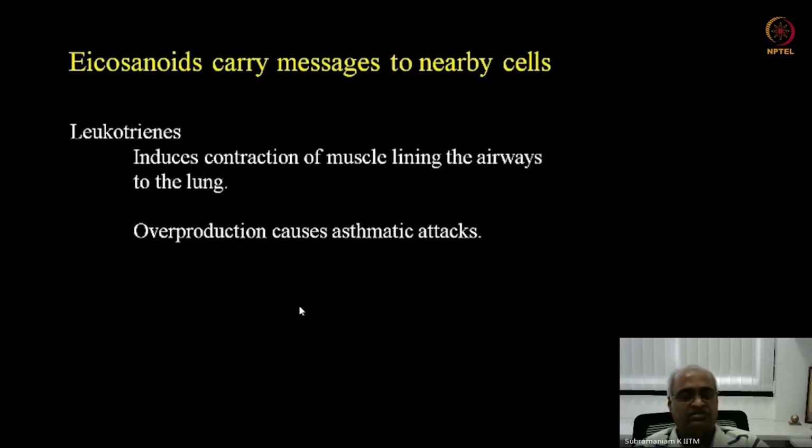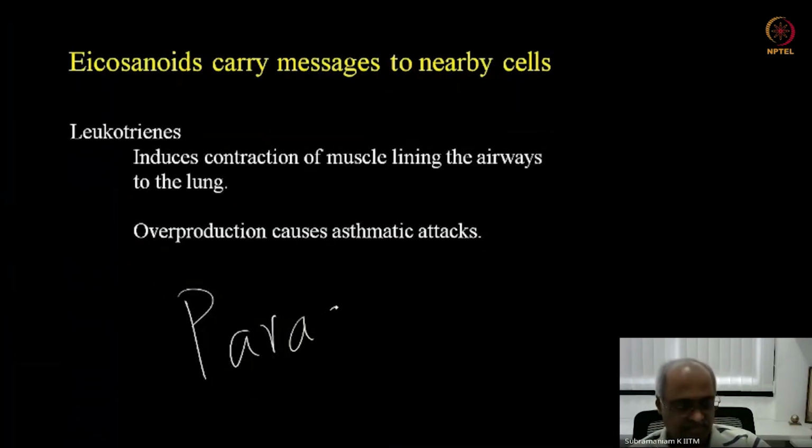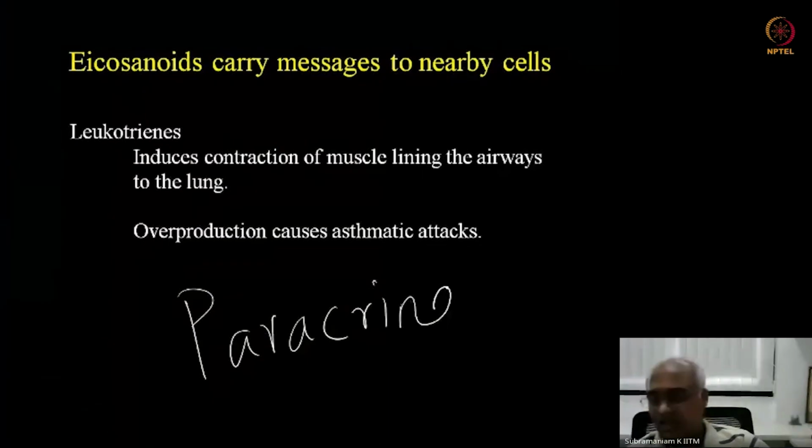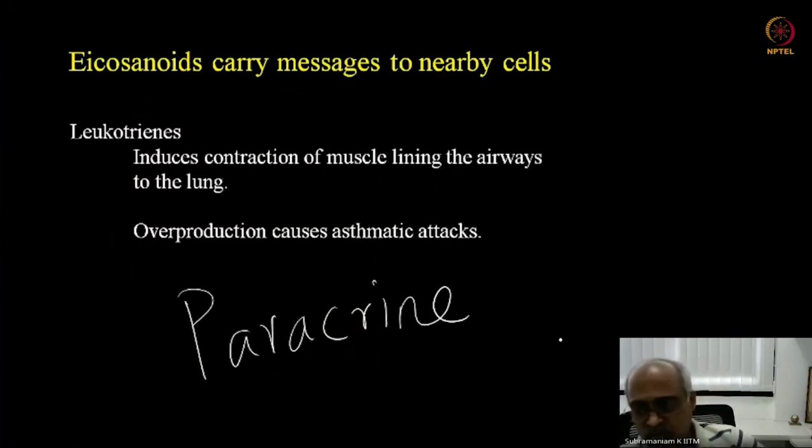So these eicosanoids all work in nearby cells from where they are produced. And as a result, they are called paracrine signals. The molecules that travel long distance, like insulin or epinephrine, glucagon written in the previous slide, travel from one organ to other organs at a distance via the bloodstream, and they are called endocrine.